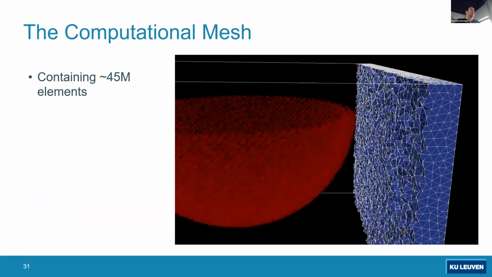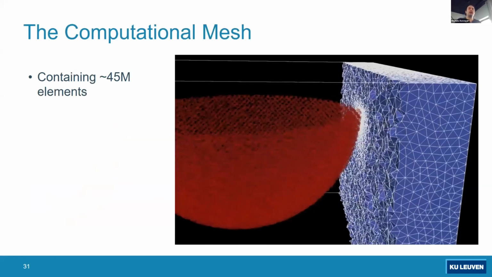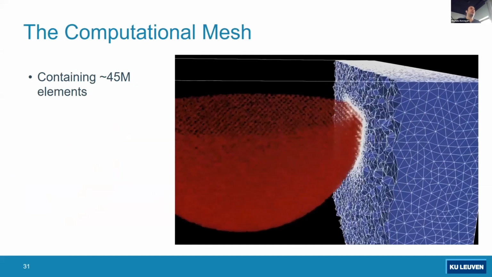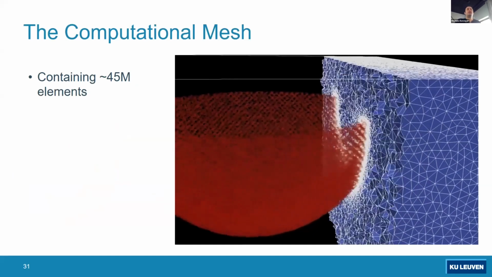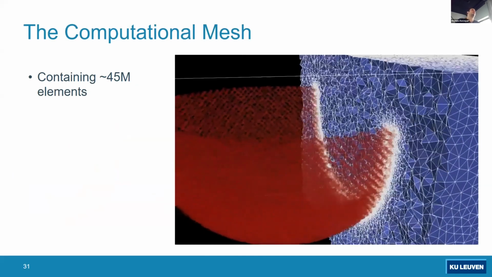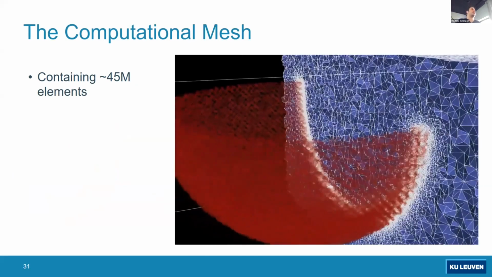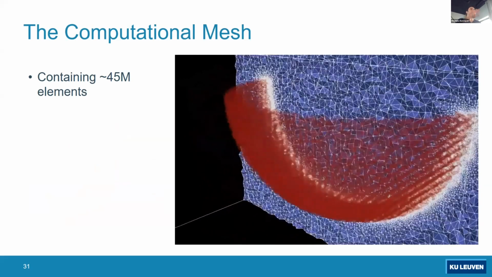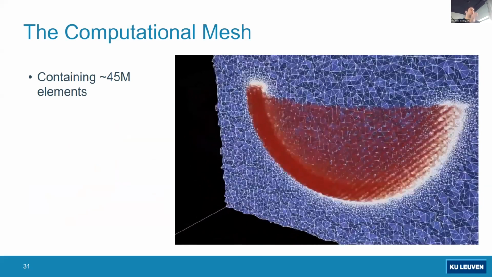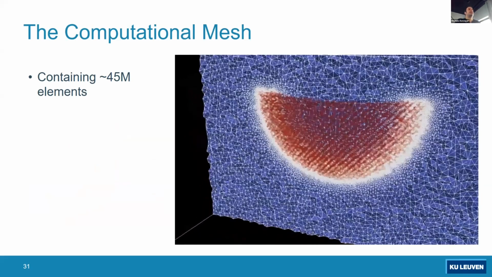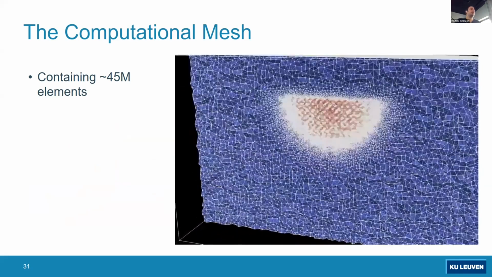The mesh contains, in this case, 45 million elements. This is an animation showing why such a mesh contains this number of elements. The mesh is quite fine on the interface, and of course coarser far from the implant surface. So this is a mesh for the level set and biodegradation model.